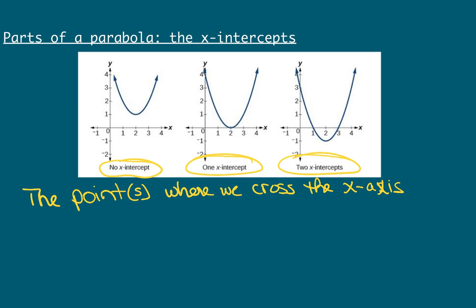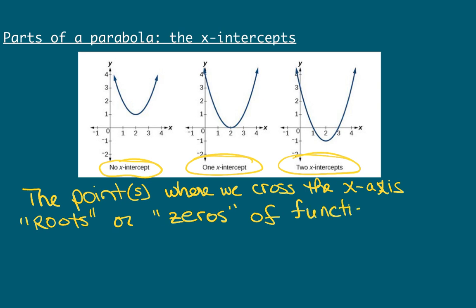The x-intercepts are also known as roots or zeros of the function. So you may hear it called roots, you may hear it called zeros, you may hear it called x-intercepts.